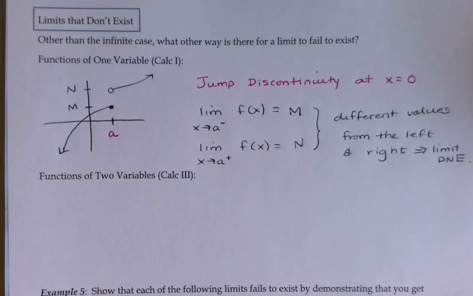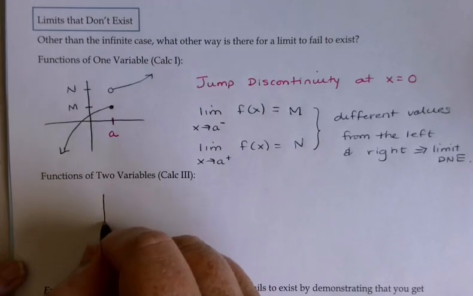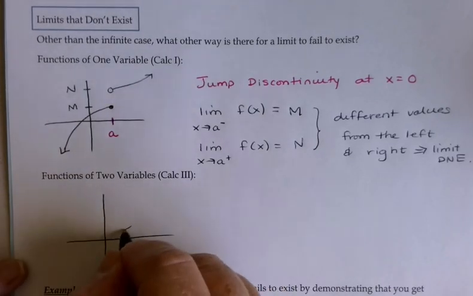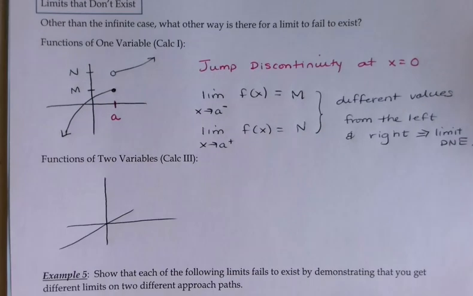Okay, could we have a similar situation with a function of two variables? Well, let's imagine again what those graphs look like, right? The graph of a function of two variables is a surface.